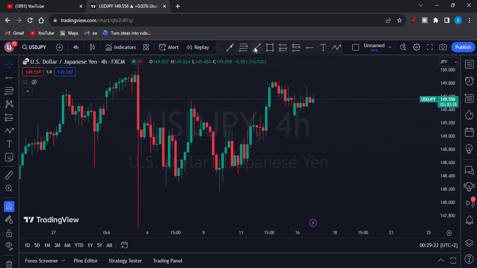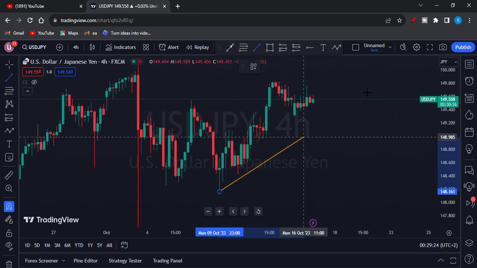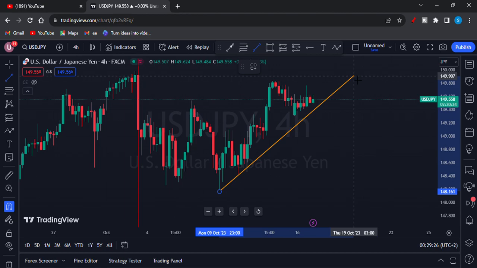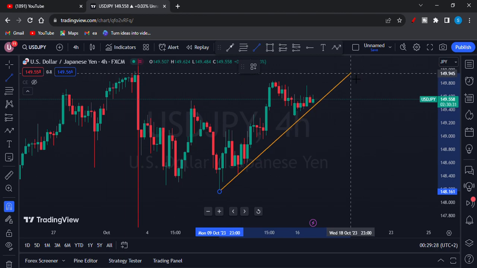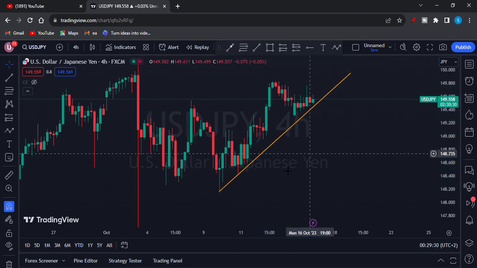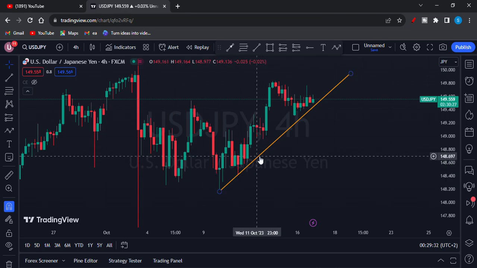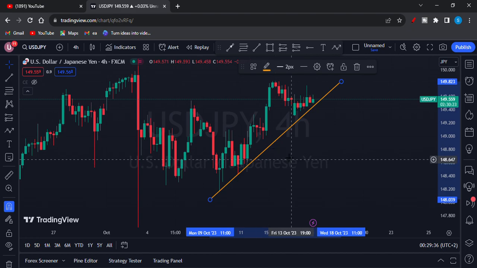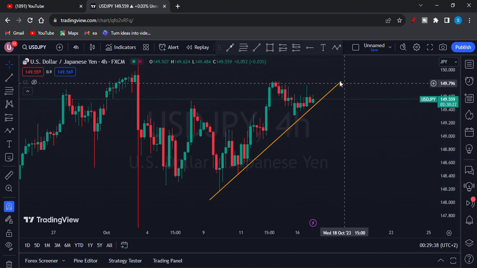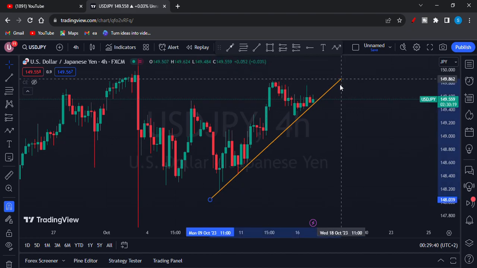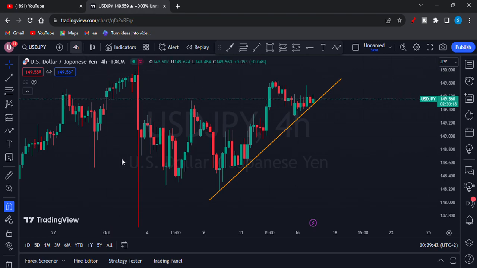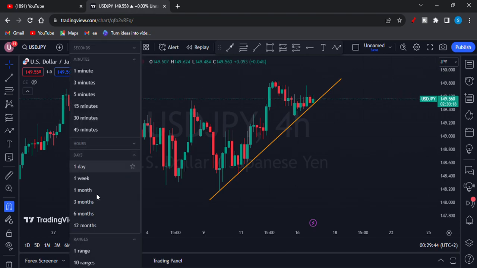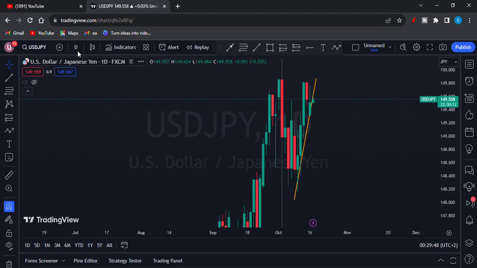Okay, so what I'm seeing currently is this trend line pushing to the upside. This is being my support. And then let's go to hourly.